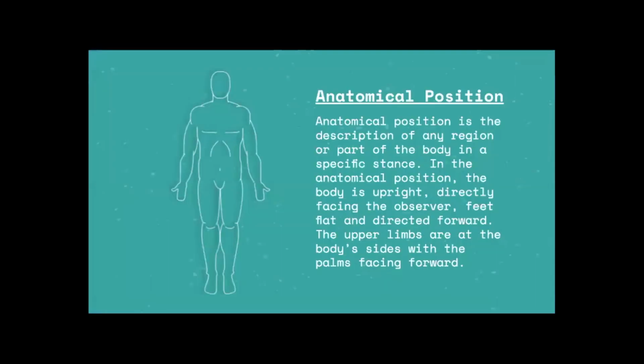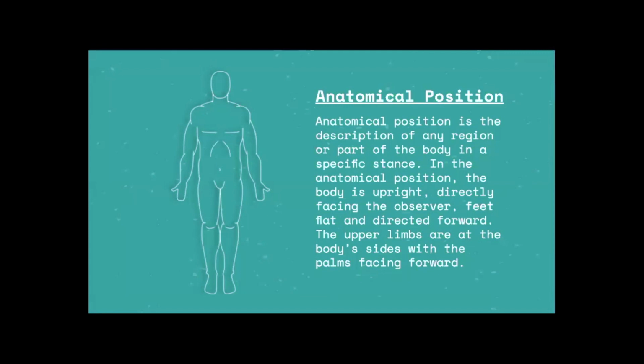Next, we have anatomical positions. So this is the main anatomical position of the body. The anatomical position is the description of any region or part of the body in a specific stance. In the anatomical position, the body is upright, directly facing the observer, feet flat, and directed forward.